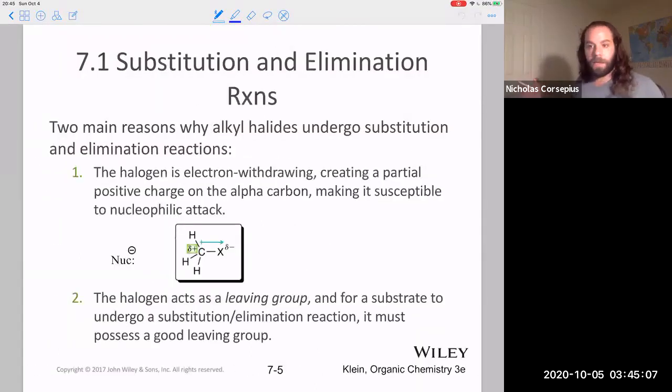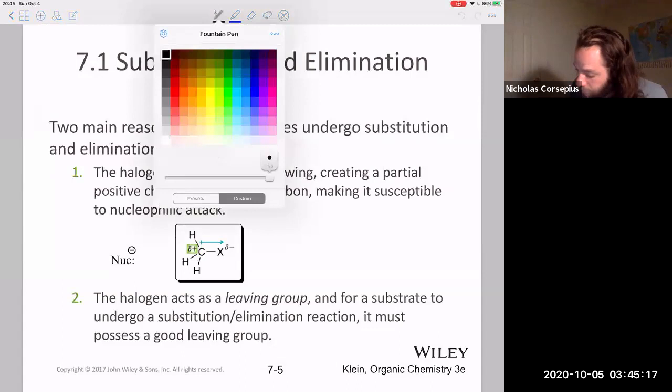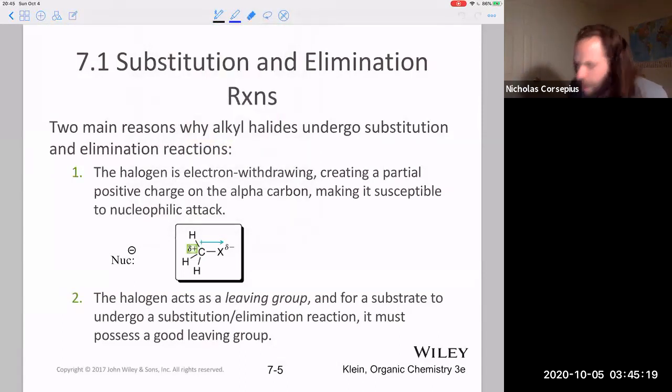So why alkyl halides? Why do they undergo substitution and elimination reactions? Two main features are really important. First of all, halogens are electron withdrawing groups, right? Somebody shrewdly pointed out that bromine and iodine don't have all that much of a difference in electronegativity with carbon. Nonetheless, we think of all halogens as being electron withdrawing.